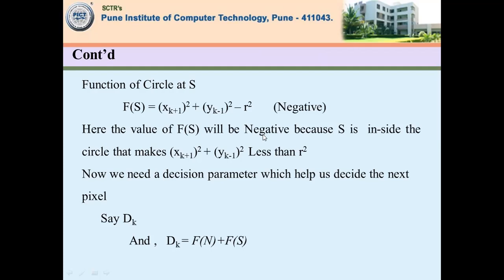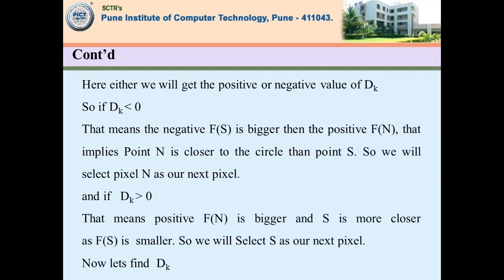So can I say, while deciding the decision parameter, dk is equal to fn plus fs? Yes, no need to subtract because fs is going to give already a negative value, right? If you remember, in case of the line algorithm, we did it like d1 minus d2, but here there is no need, because it is already returning a negative value. So here either we will get a positive value for dk or a negative value for dk, right?